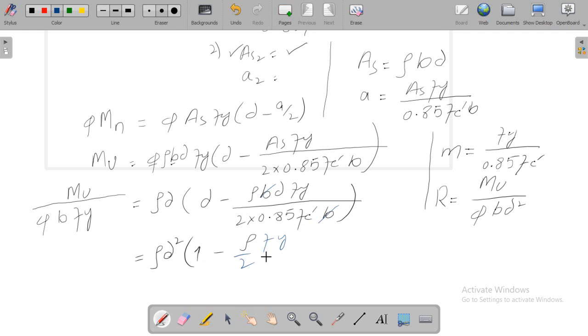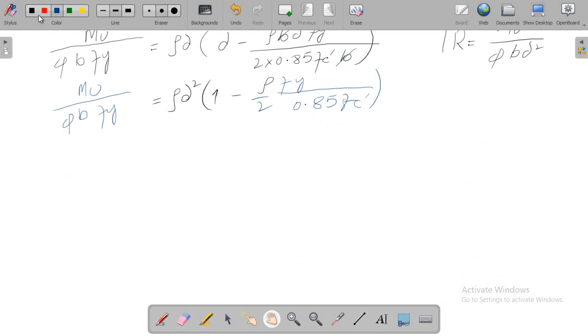divided by 2 and 0.85 Fc prime, right? So finally we have this one. Here we have on the left side Mu phi B into Fy.